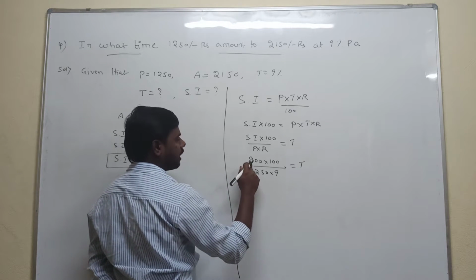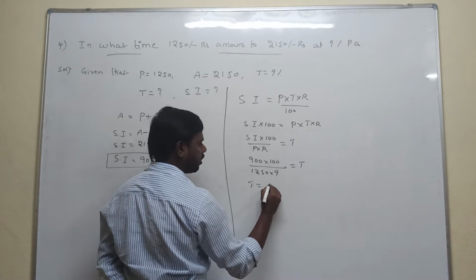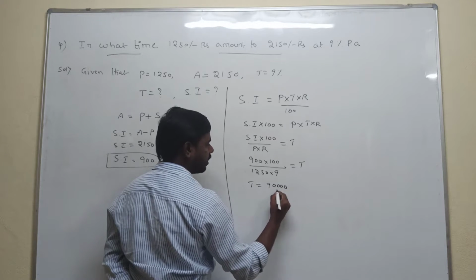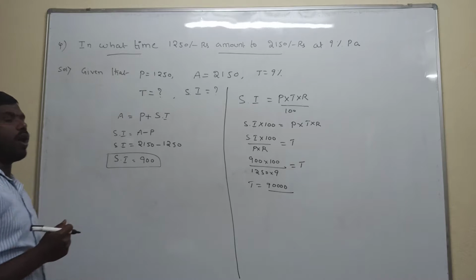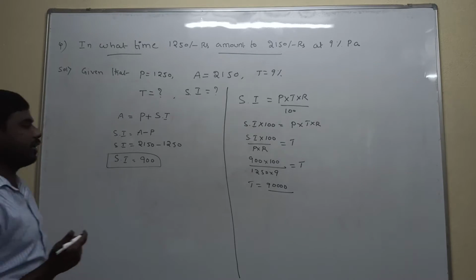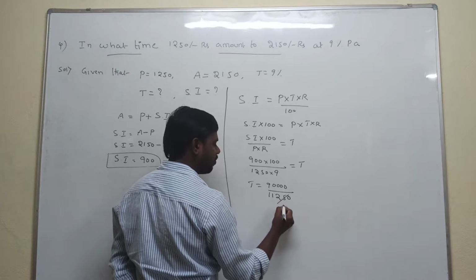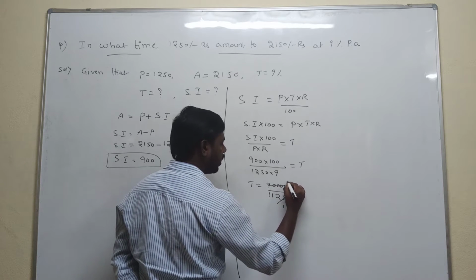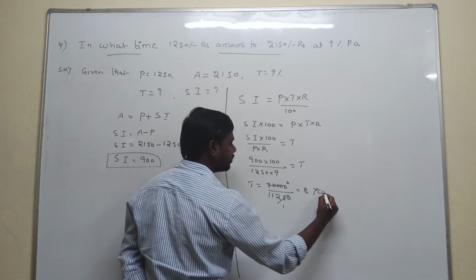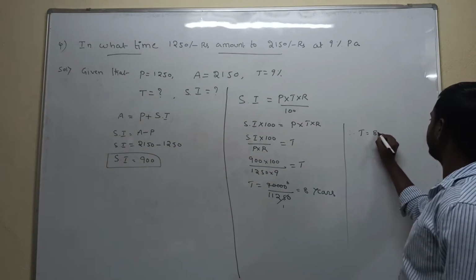So T is equal to 900 into 100, which is 90,000, divided by 1250 into 9, which is 11,250. 90,000 divided by 11,250, that value is 8 years. So time T is equal to 8 years.